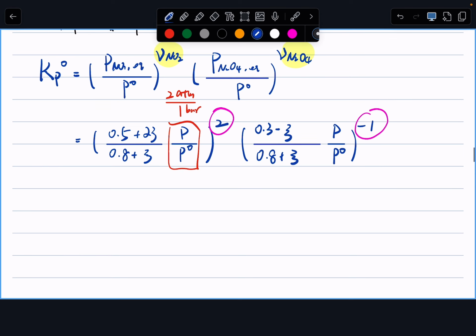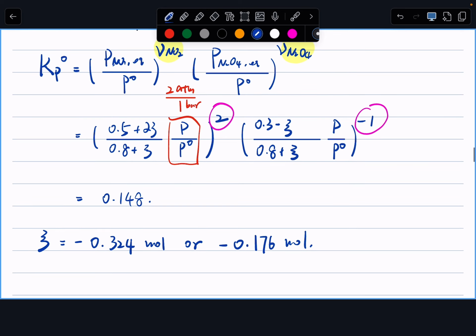And solving the quadratic equation, we know Kp naught here equals 0.148. So if we solve this quadratic equation for my C, we have two different answers. One is negative 0.324 mole or negative 0.176 mole. And typically, in this case, we'll only have one result that is physically meaningful.